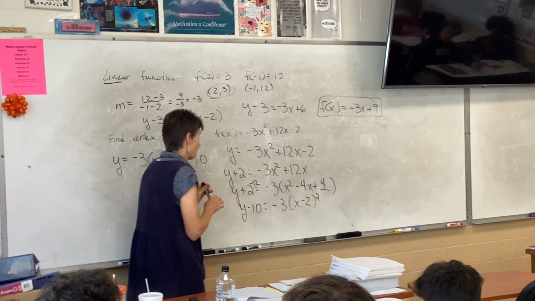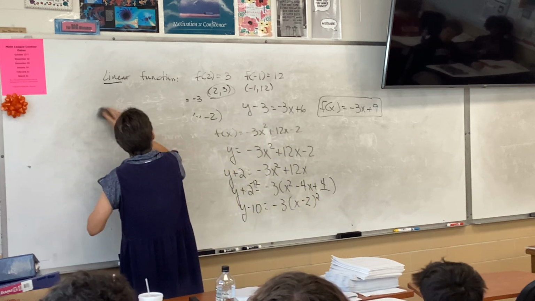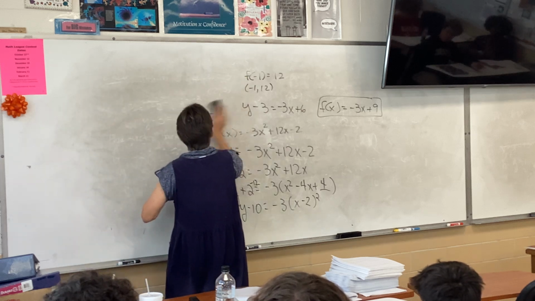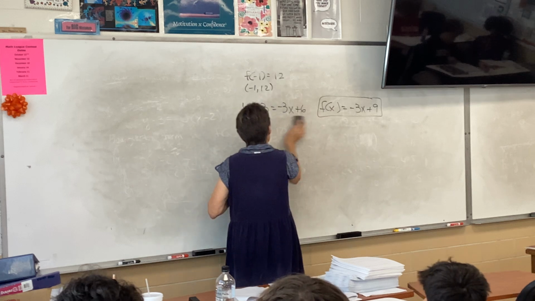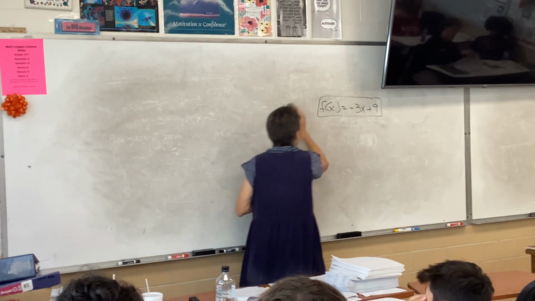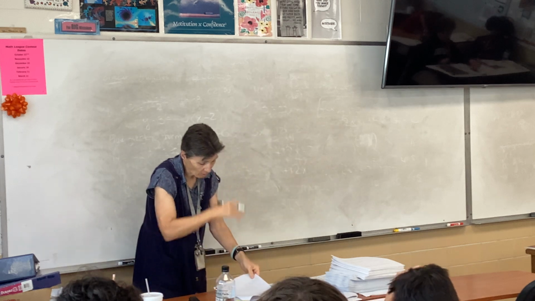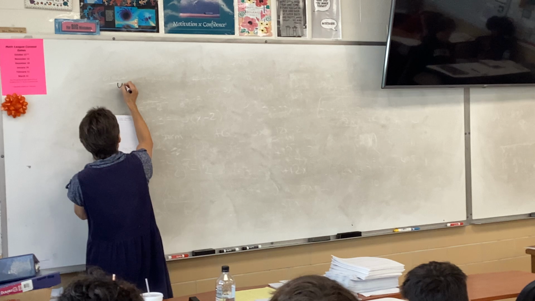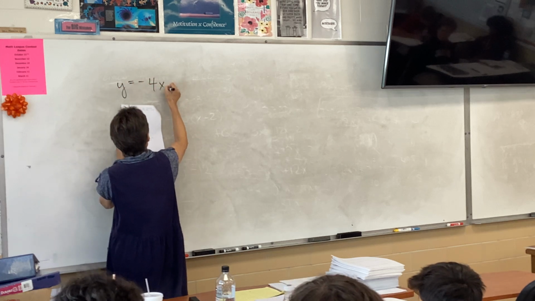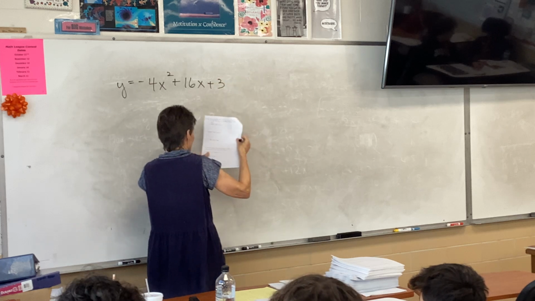All right. Now, problem 5 is just like what we just did, except you're asked to do the problem a different way. You're asked to find the vertex and all that using the axis of symmetry formula. Anybody happen to remember that from last year?